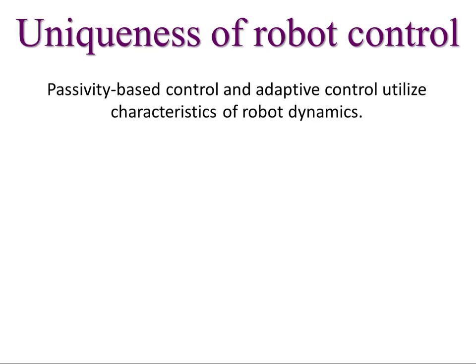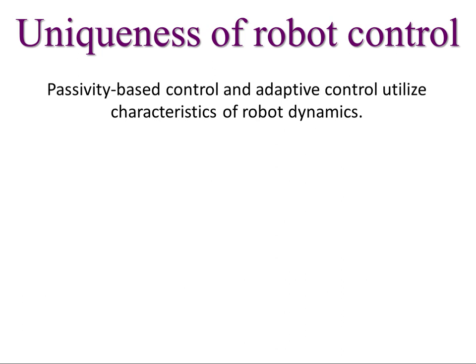The passivity-based and adaptive control methods that have been introduced so far are excellent control methods that realize control objectives without using the detailed information of a robot, even though the robot has nonlinear dynamics.